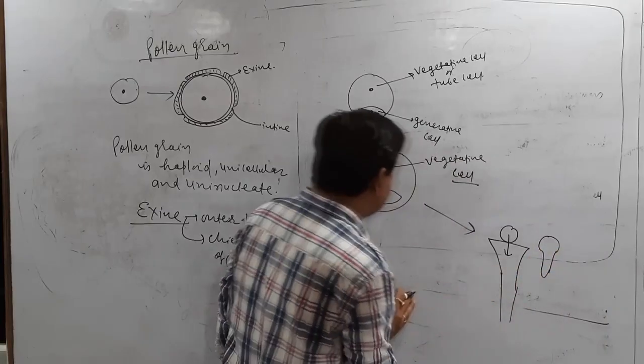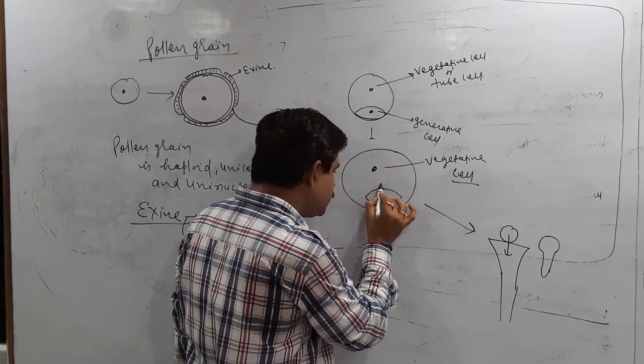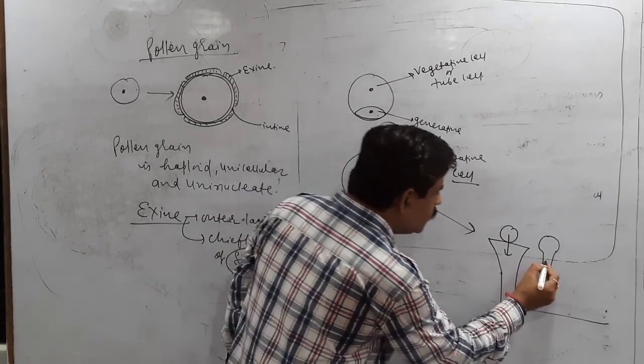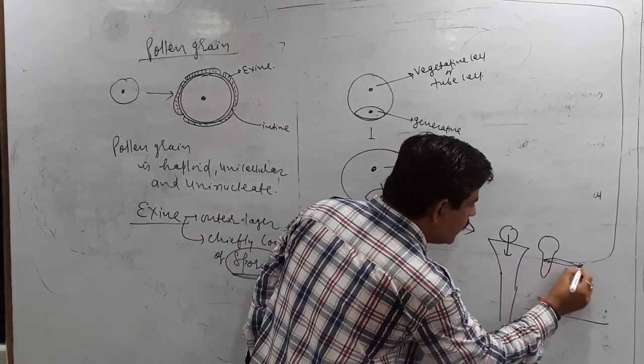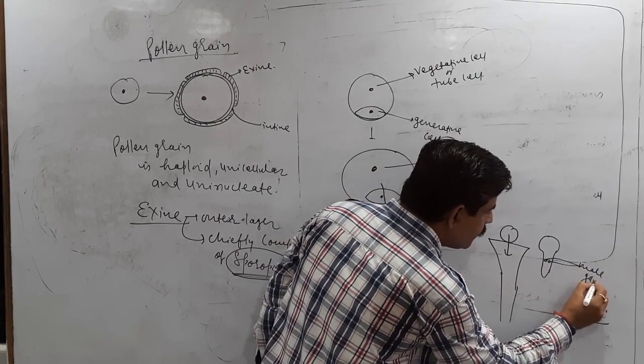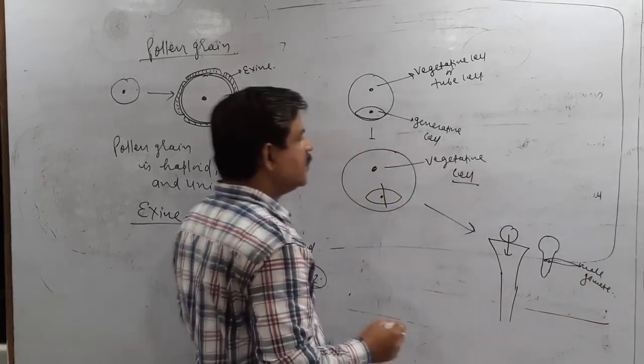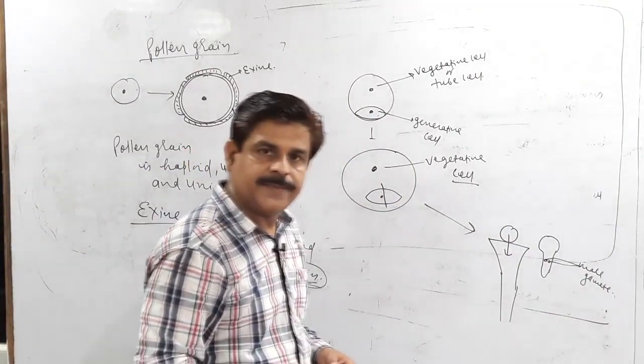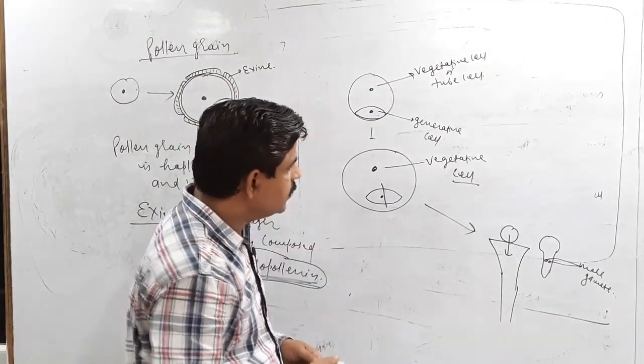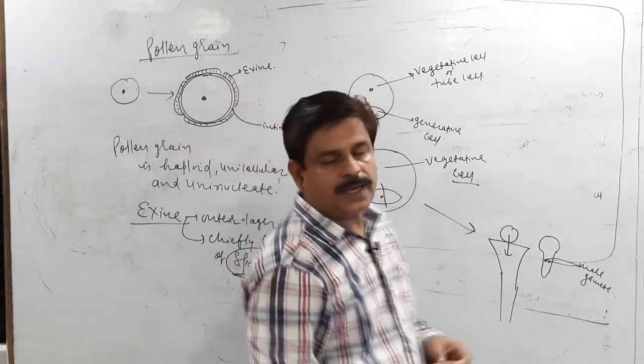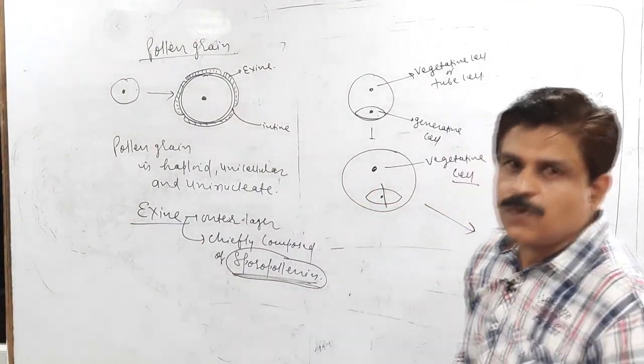When the pollen tube emerges, the generative cell divides into two male gametes. This is the microgametogenesis.